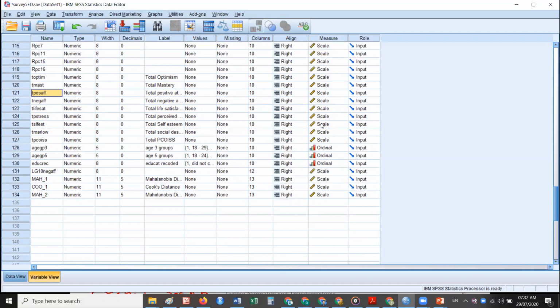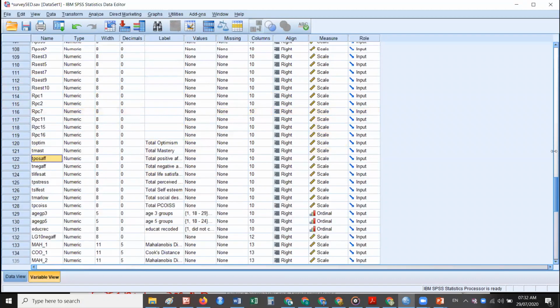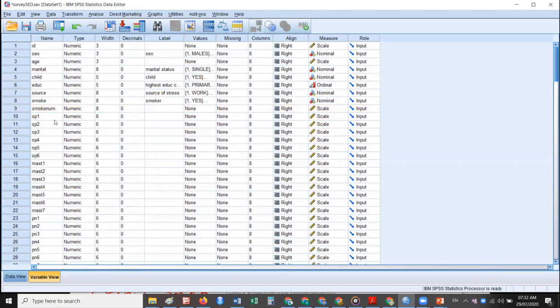Now I am going to some variables which are basically the identification variables: the gender of the participant, the age, the marital status, education level, smoking habits.